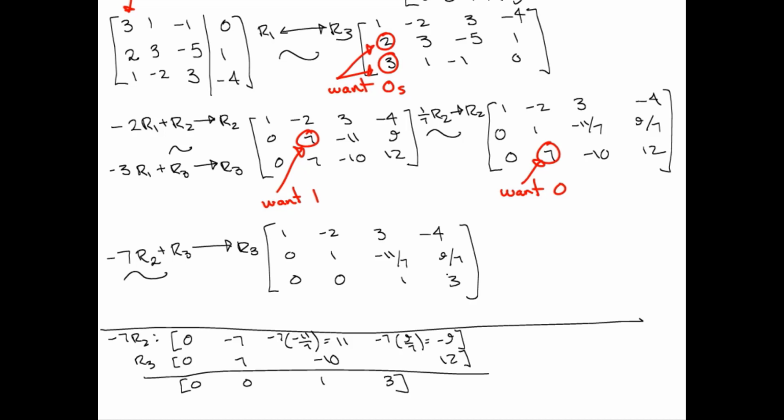And the next thing that we want is to get a 1 here, but we already have it, right? So that's kind of convenient. So we don't have to do any more row operations. We are already in row echelon form. And so now we need to do our back substitution.